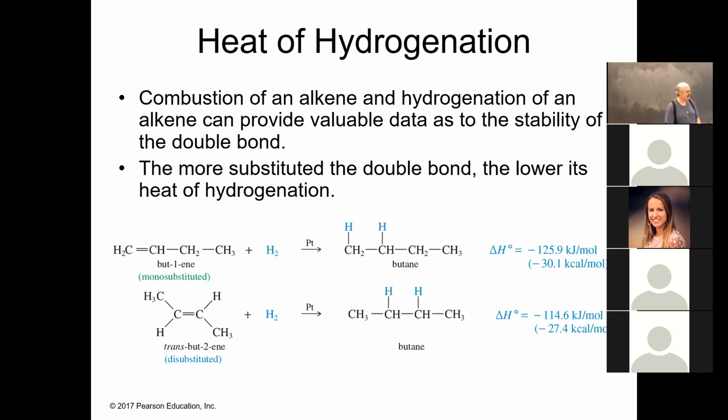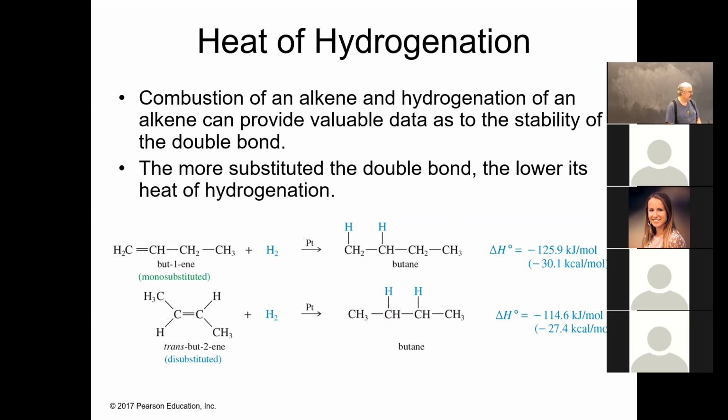This is an exothermic reaction because the two sigma bonds are stronger than the pi bond that is broken, as well as the bond between the hydrogen atoms.